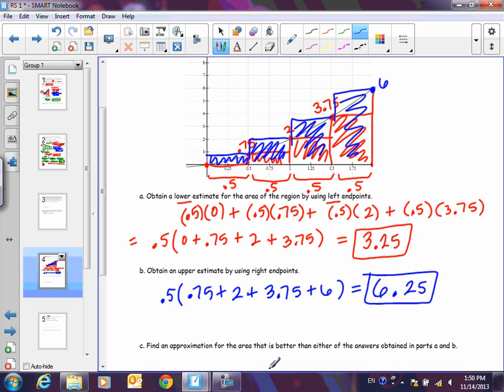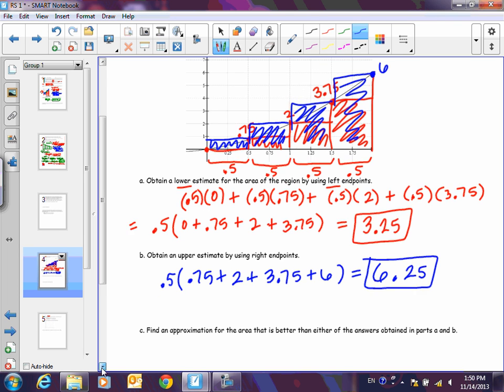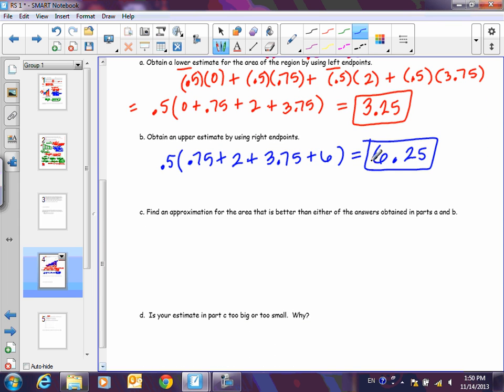All right, so the true answer of what that area is underneath is somewhere between 3.25 and 6.25. Yesterday, the best we came up with was to average these two. And we said that still really wasn't the best answer.